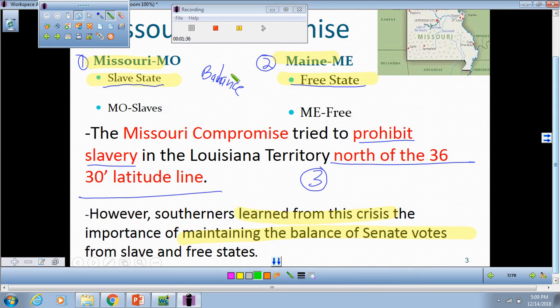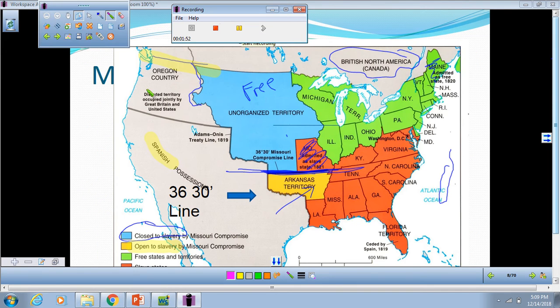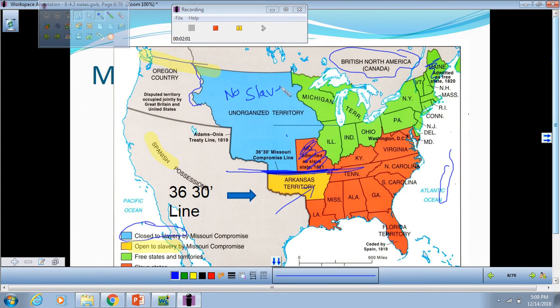This was significant because the balance in the Senate was maintained, but the Southerners learned the importance of maintaining the balance in the Senate of slave and free states from this crisis. Here is the Missouri Compromise line that was drawn. Once again, no slave states could be above the line.